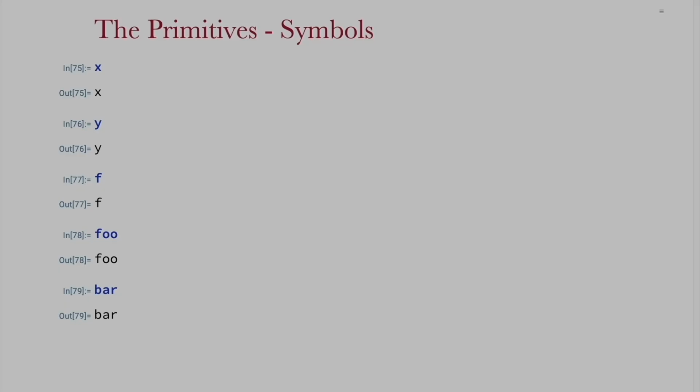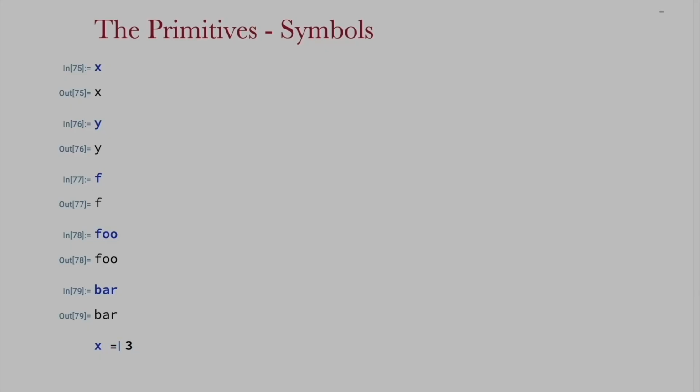What is their point? Well, their point is not themselves per se. Their point is that you can bind them to something. You can set them so that they point to another primitive, so that they stand in for another primitive. They could stand in for a number. So I could point X, for example, to the number 3.